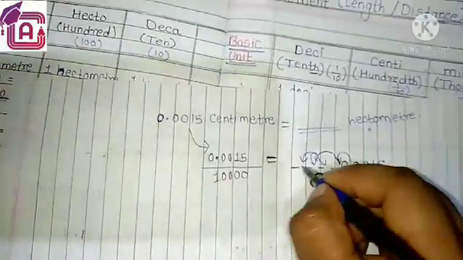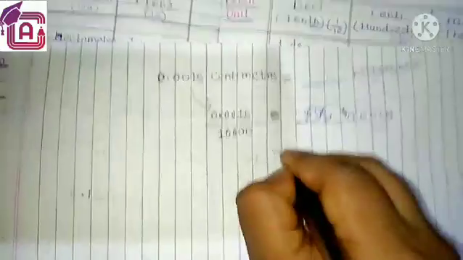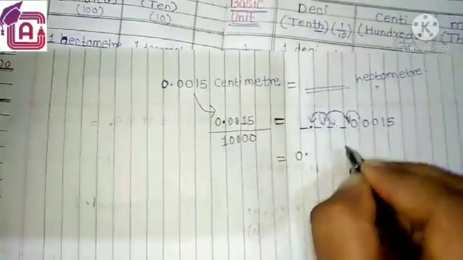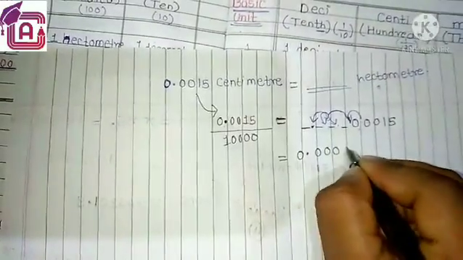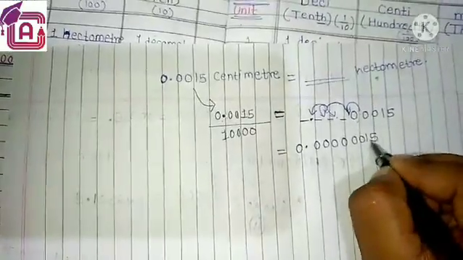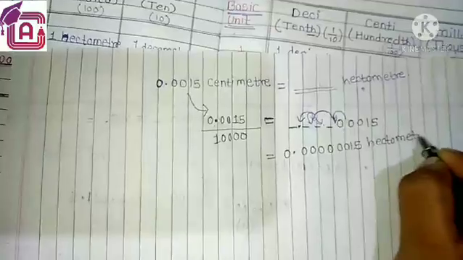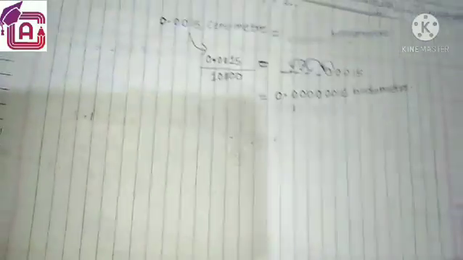So this decimal point comes over here. So how do you write this? 0.0000 and 0.15 hectometer.